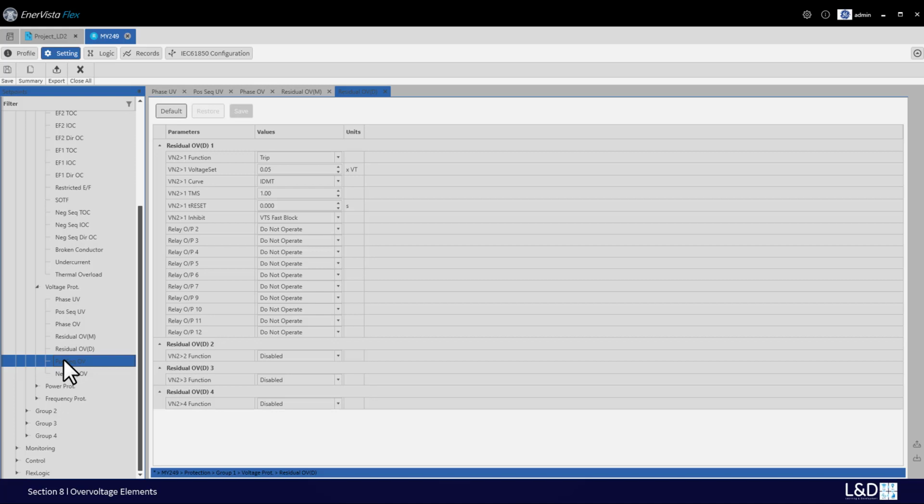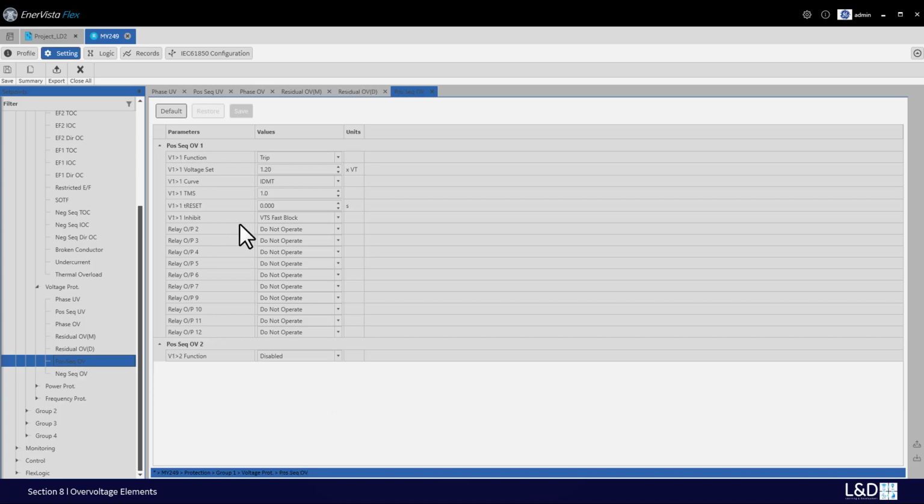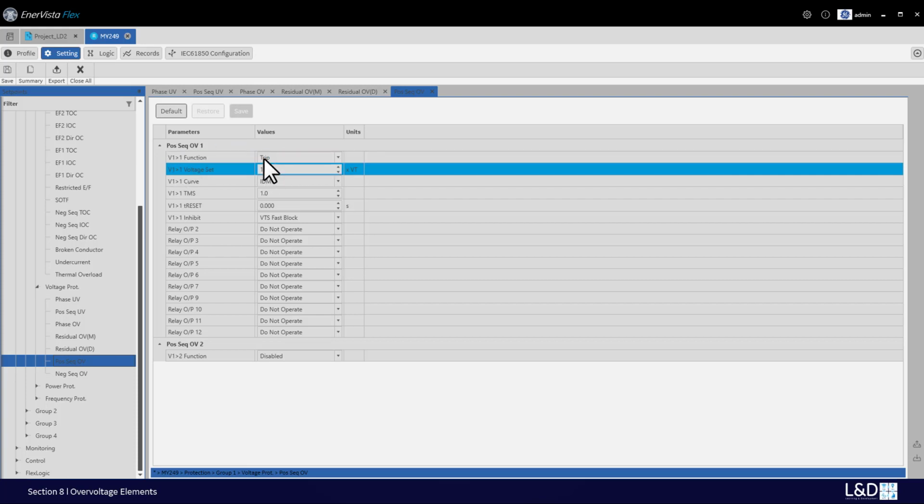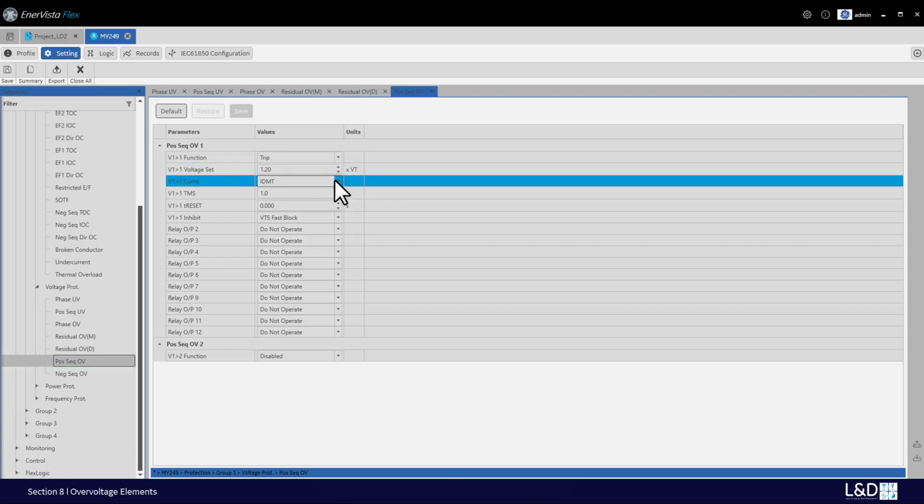And next, the positive sequence overvoltage. This is the input coming from the calculated positive sequence voltage, and we can see this V1 stands for the positive sequence voltage. And we have the common settings, function and also the curves. You can choose to be IDMT or DT.